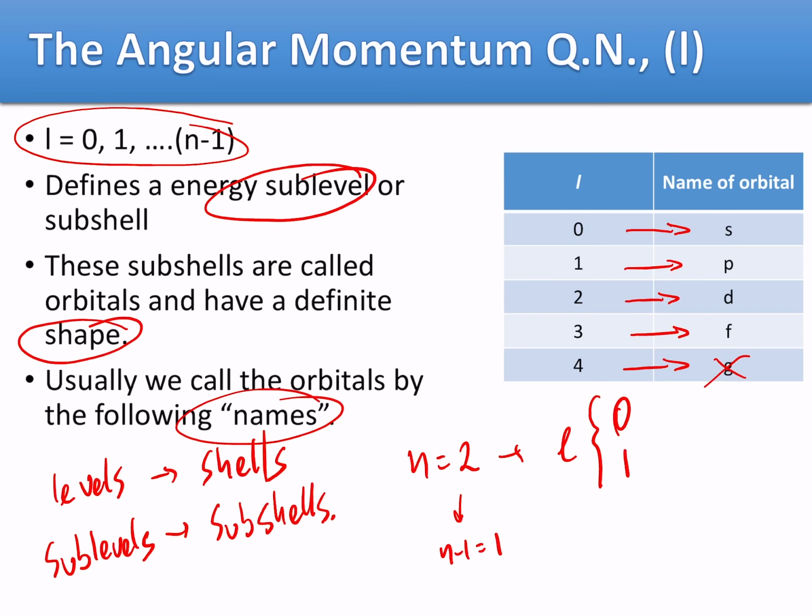So for n equal 2, L can have values of 0 and 1. Okay, so every time that you add more to the principal quantum number, you are adding another value to L, pretty much. I picture that as the different rooms that you can have on a floor in a building.